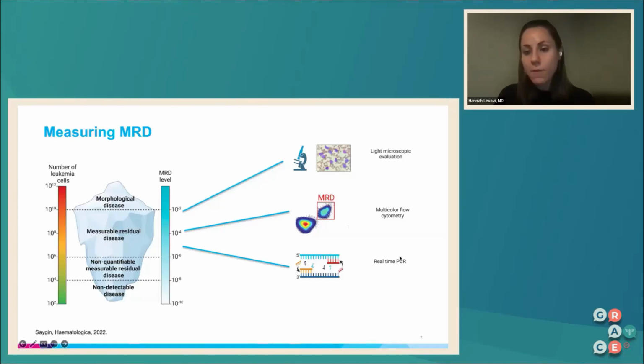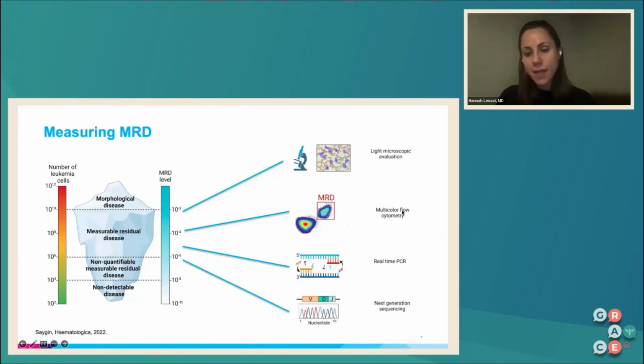Things like PCR, which is a methodology some people are familiar with from the COVID pandemic because we use this in many, many different testing platforms in medicine. But this is a method where we can identify leukemia or disease-related DNA and then amplify it to assess how much is still there. And PCR can detect even smaller populations of diseased cells than flow cytometry.